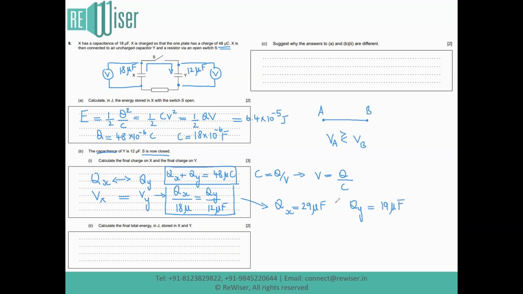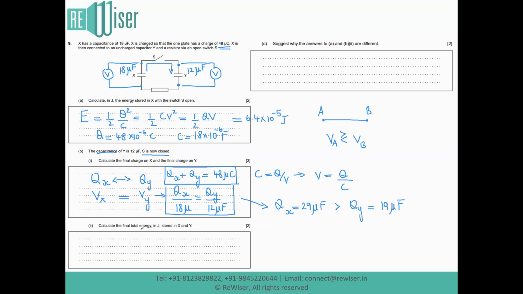Here it makes sense that Qx is greater than Qy because Cx is greater than Cy, and since capacitance is directly proportional to charge provided potential is a constant, the answer makes sense mathematically as well as logically. This is another method we can use to cross-check our answer.